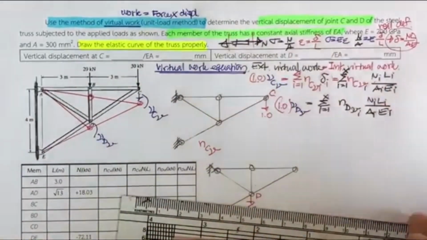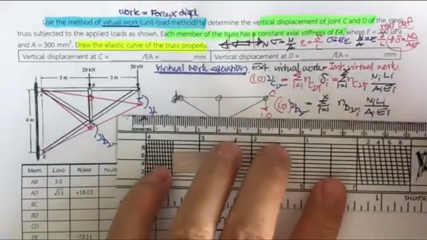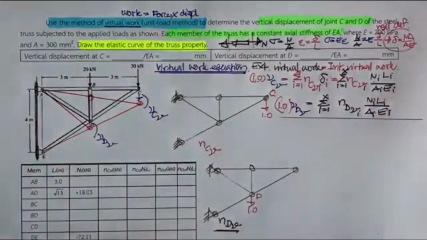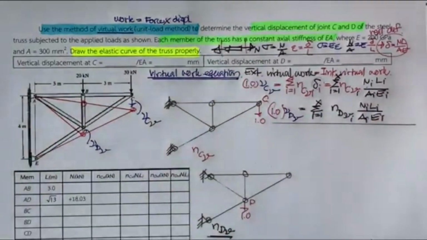The latter term is the same because it is due to the actual applied force. You need to put i here also. This is the concept of the unit load method, or method of virtual work.